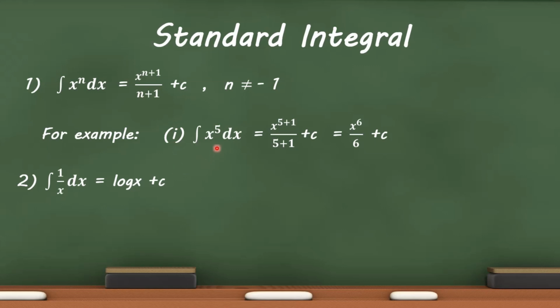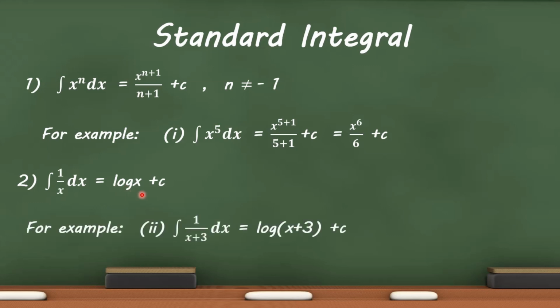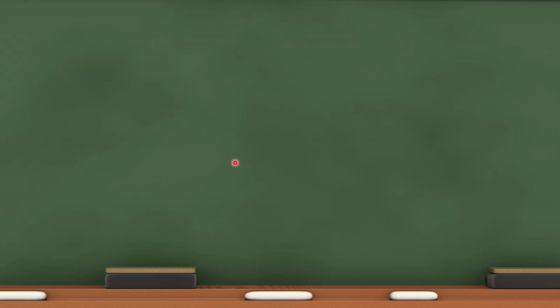For example, integration of x power 5 equal to x power 5 plus 1 upon 5 plus 1 plus constant c, equal to x power 6 upon 6 plus c. Second, integration of 1 upon x dx equal to log x plus c, or if written integration of 1 upon x plus 3, you can write log of x plus 3 plus constant c. Two parts covered here: integration of x power n and integration of 1 upon x.